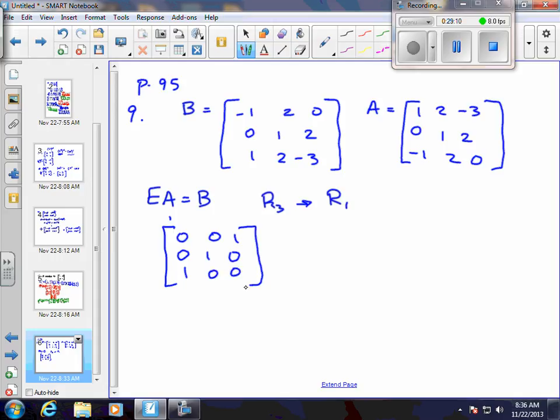So that is my matrix E, such that if I multiply it by matrix A, I get matrix B. Now, how would you check that? You would multiply this matrix by matrix A and show that it equals matrix B.